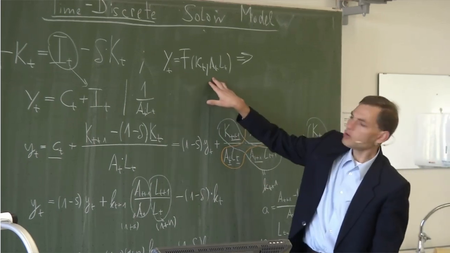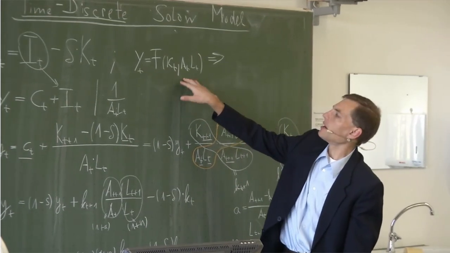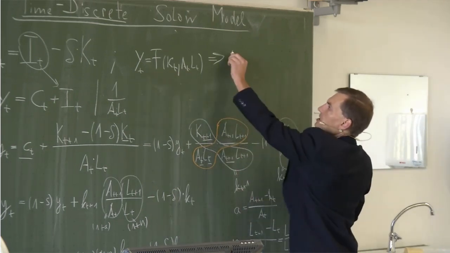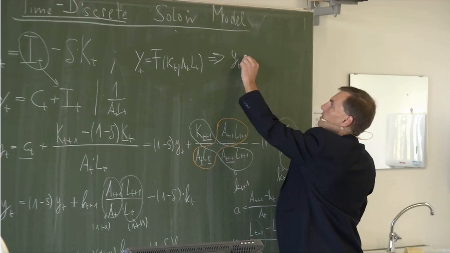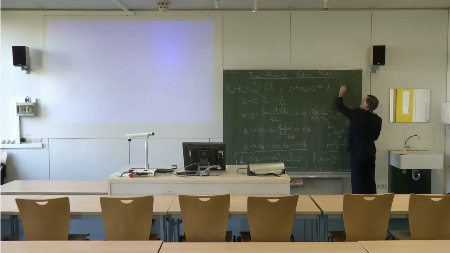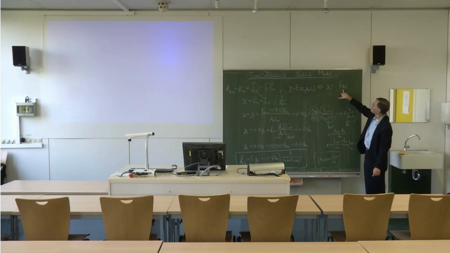And as we already did in the continuous time Solow model, we also transform this production function into the per capita production function, which is in the end the little f dependent on the capital labor ratio, if I divide this equation by A times L. So I will get the per capita production function.